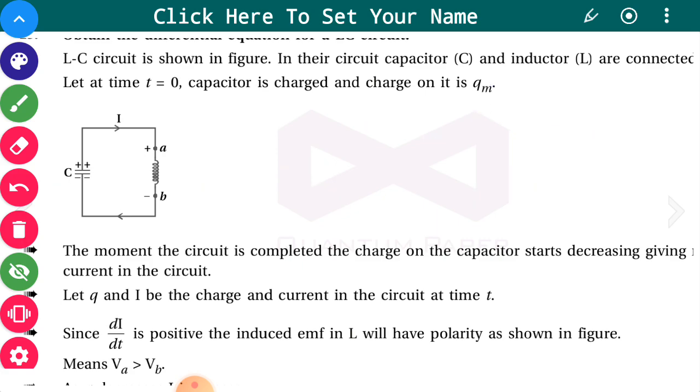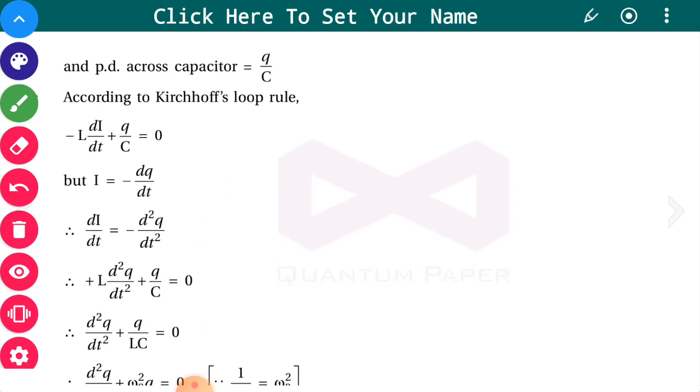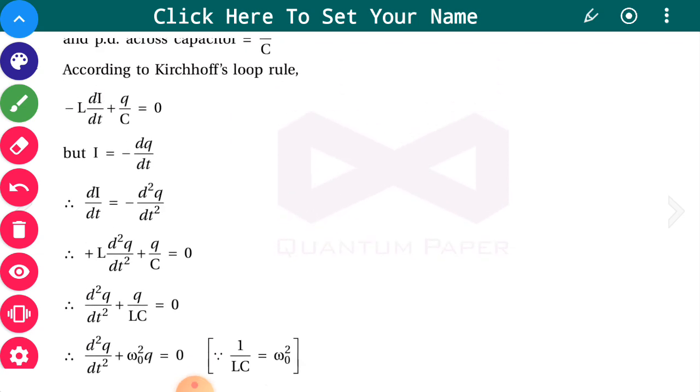Now we have to make I the subject of the formula, and as you know dq by dt is nothing but current. First of all, this equation is clear to you: minus L di by dt plus q upon C is equal to 0, and as you know I is equal to minus dq by dt.